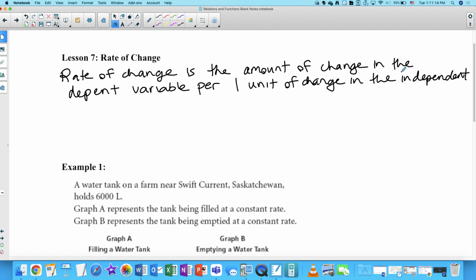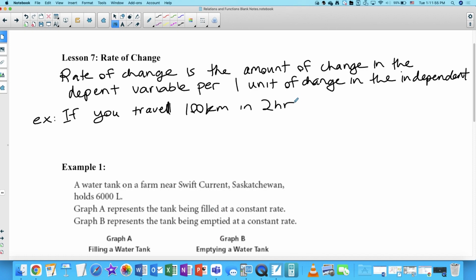So in fact, a rate of change should really be called almost a unit rate of change, because we want to know how much the dependent is changing per 1 change in the independent variable. For example, if you travel 100 kilometers in 2 hours, what would your rate of change be?